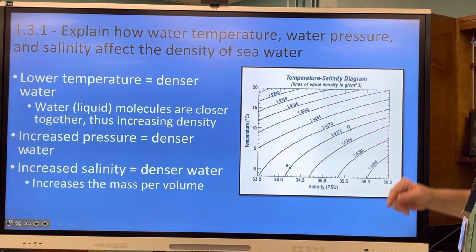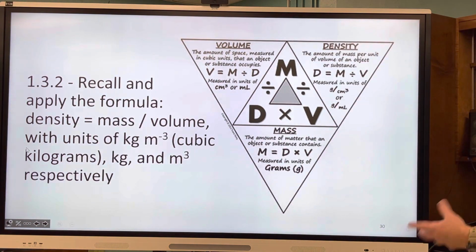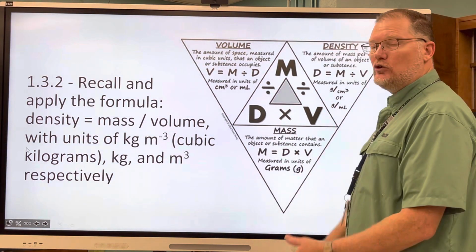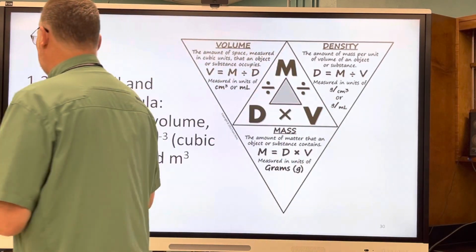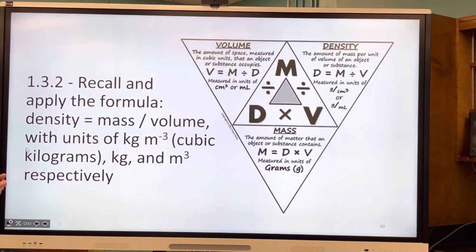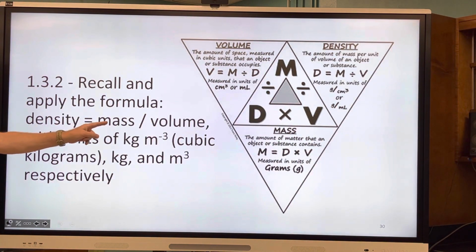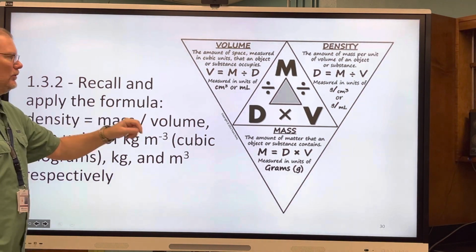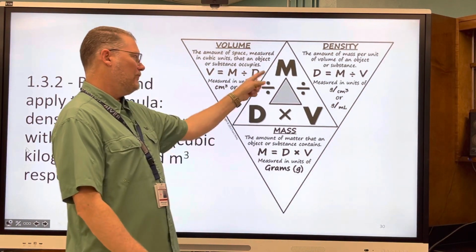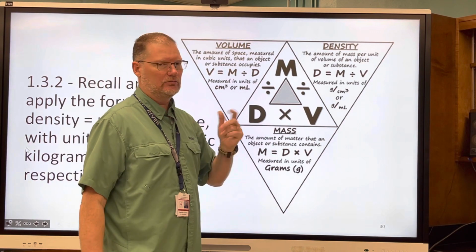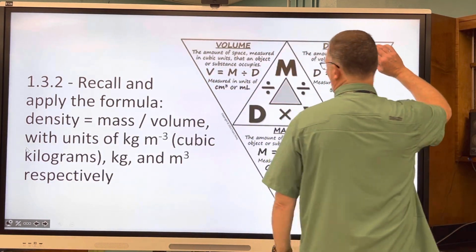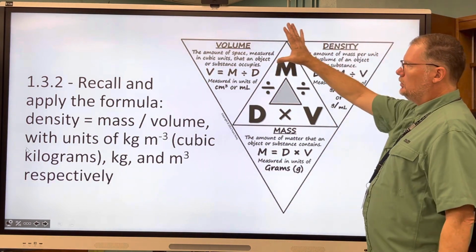The lines mean density. Speaking of density, this is how you mathematically convey it, all right? And we've all learned this: mass divided by volume. I always like to think DMV, like the Department of Motor Vehicles, okay? And this is a nice little tool to use.